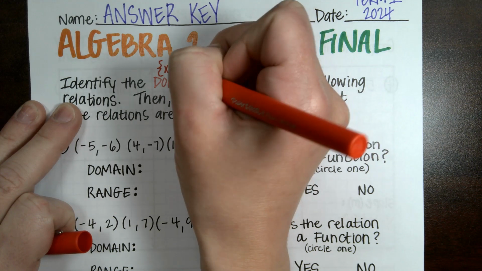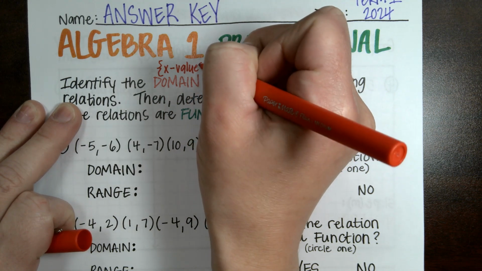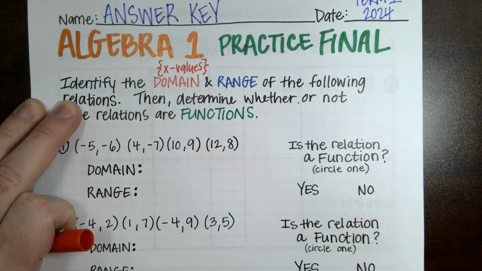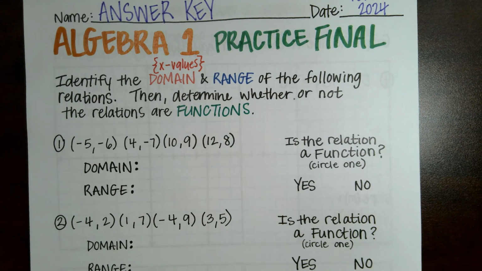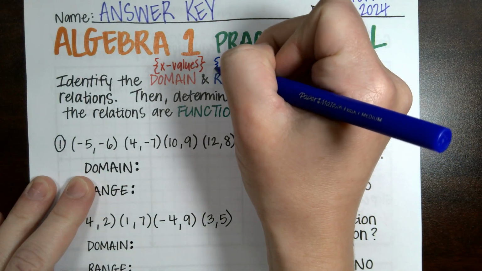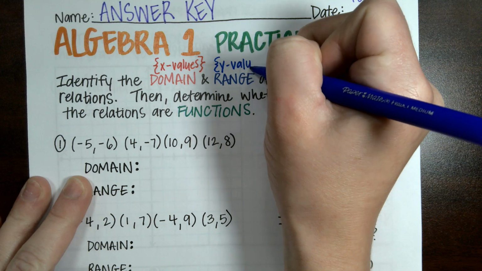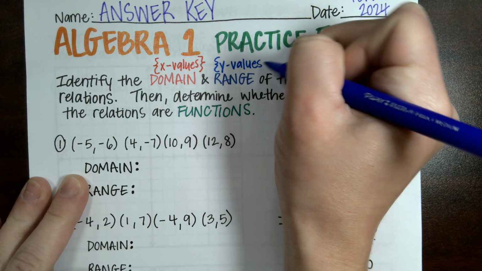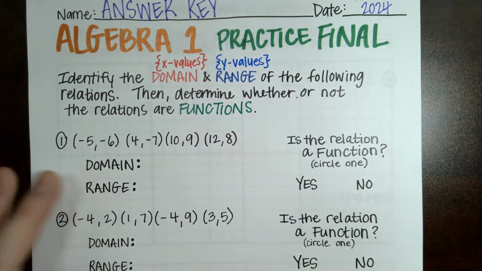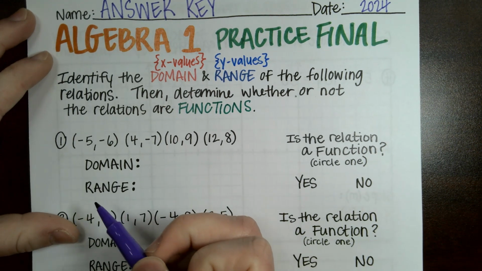So I'm going to write that above here as a key. And remember these brackets. X values. And our range is which ones? The y values. Good. And I put them in red and blue as a little reminder, because we always use red for x and blue for y.